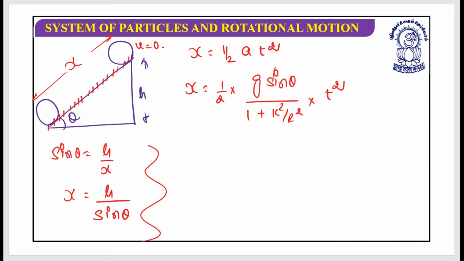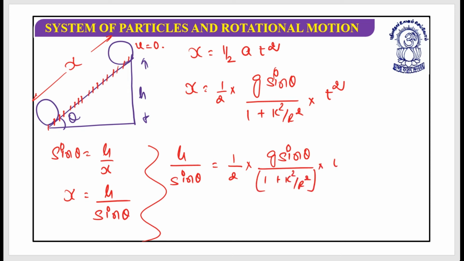While replacing this, I have h by sine theta equals 1 by 2 into g sine theta upon 1 plus k square by r square into t square. So this t square should be equal to 2h by g sine square theta into bracket 1 plus k square by r square.